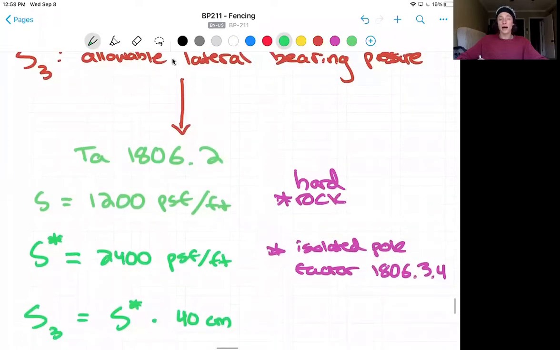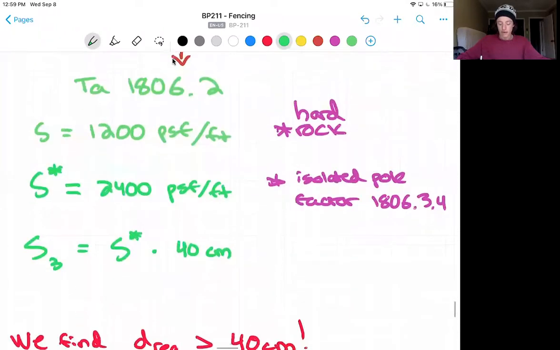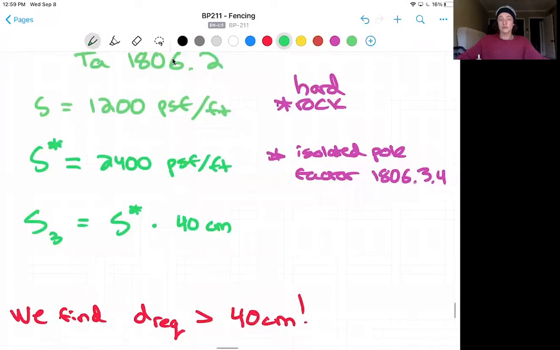And then we'll multiply that by 40 centimeters in order to get our S3 value that we can plug into the equation above. However, if you do this, you'll find that the required embedment is greater than 40 centimeters, so the check does not work. So we need to go back and use some engineering judgment to reconsider how we are interpreting the code.